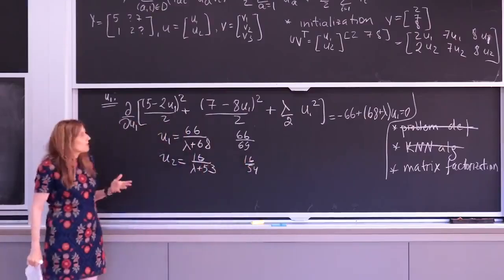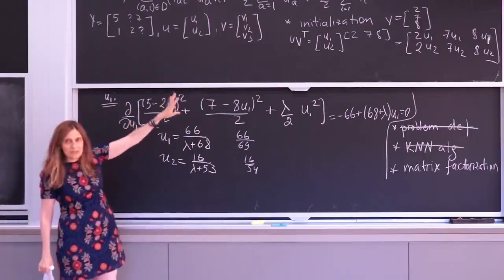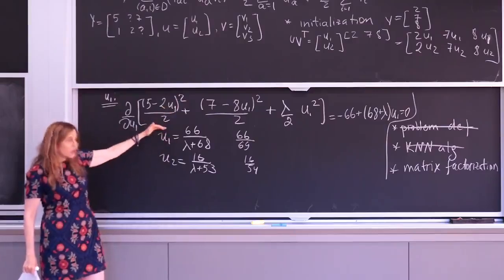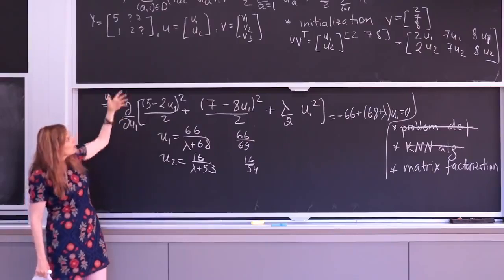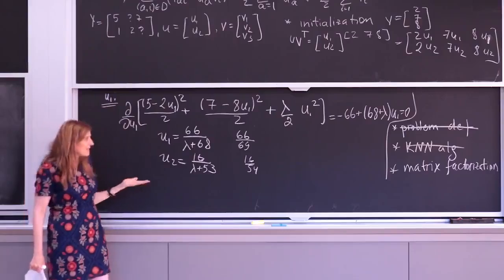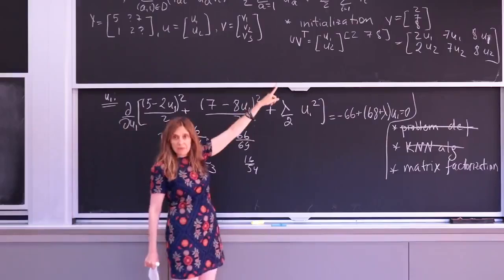So let's notice what happened here. We started with some random initialization of v. Then we computed u's which will be optimal with respect to this objective. So our next step is to take these u's and recompute the v's.